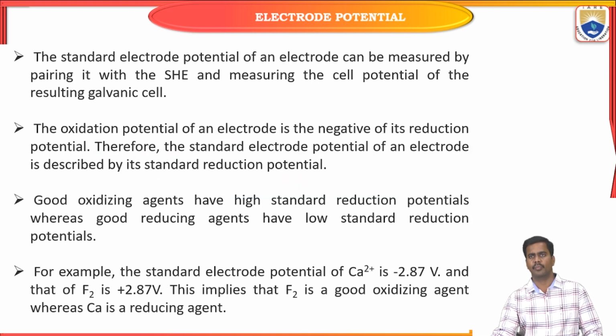The standard electrode potential of an electrode can be measured by pairing it with the standard hydrogen electrode and measuring the cell potential of the resulting galvanic cell. So, by using a reference electrode, we can determine the potential of an unknown electrode. Whatever unknown electrode we want to determine the potential of, it should be paired up with the reference electrode.